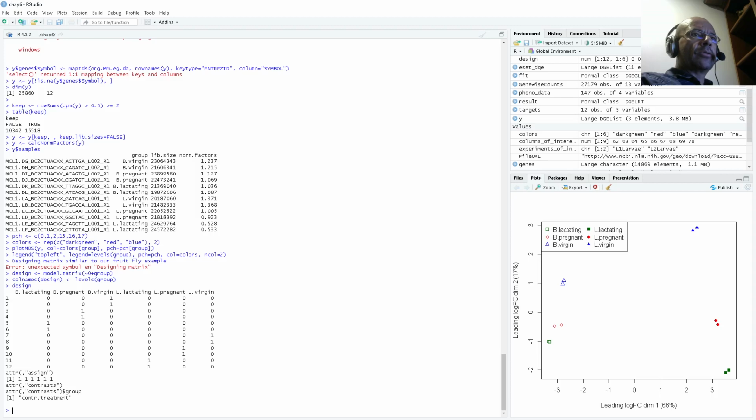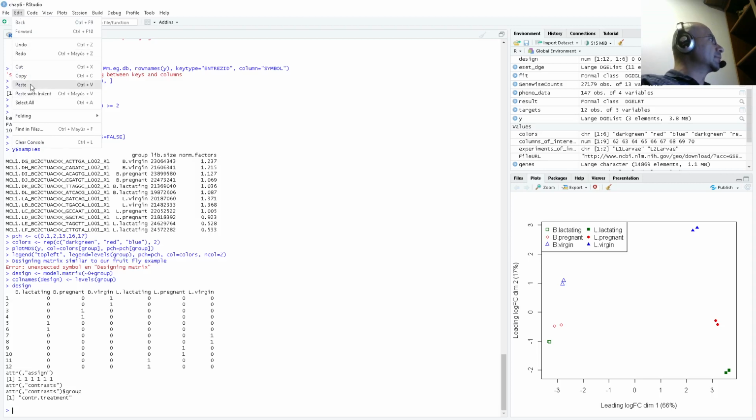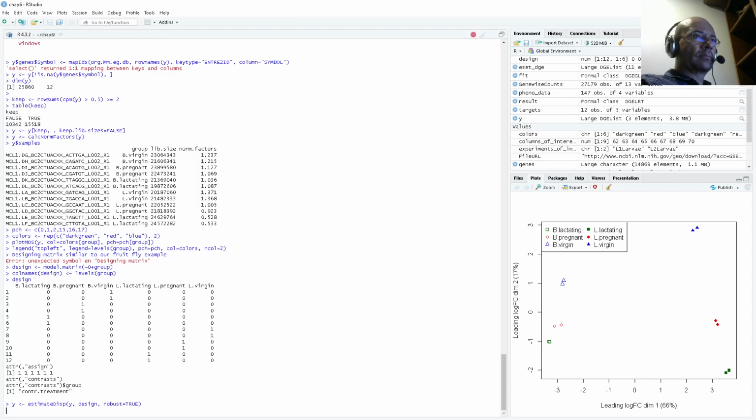Estimating dispersion using the negative binomial distribution. Visualizing the dispersion.